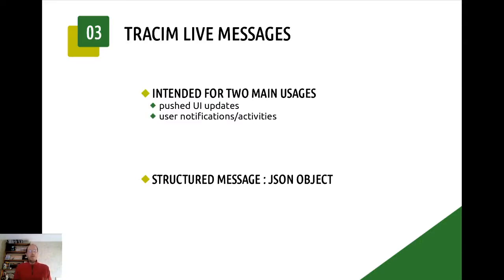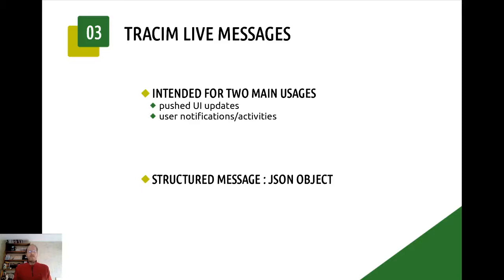So, what are Tracim Live Messages? Tracim Live Messages are created and distributed for every change on the main Tracim objects: users, spaces, contents. Each message describes one change, which can be a creation, an update, or a deletion of an object.